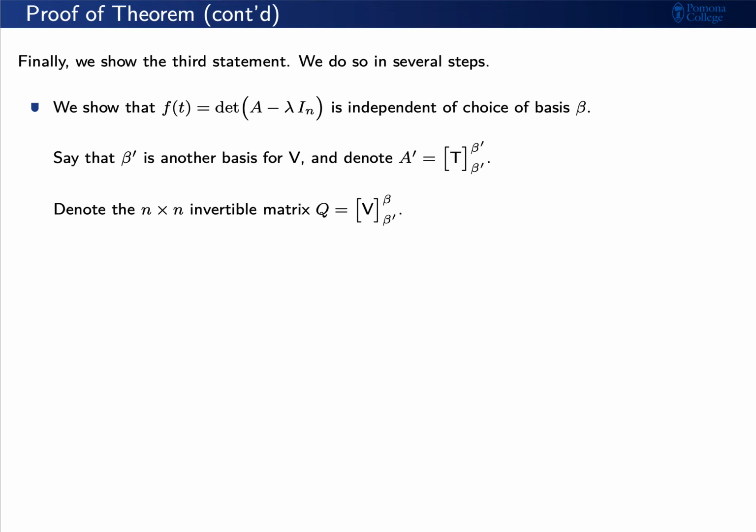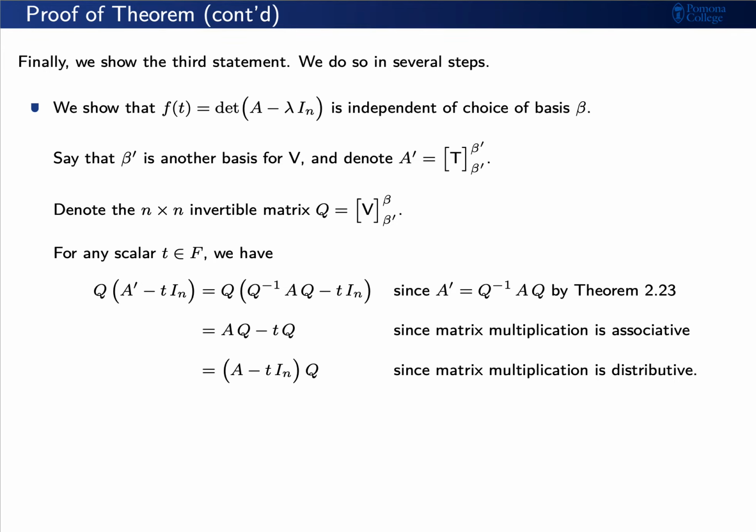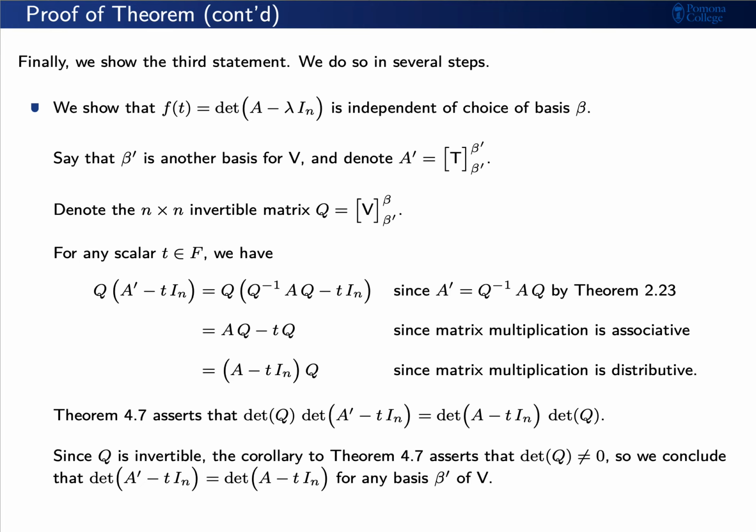Well, if beta prime is another basis, we can consider the change of coordinate matrix Q. What we'll find is that Q times our new matrix A prime, which is the matrix representation with respect to the new basis beta prime, Q times (A prime minus tI_n) must equal (A minus tI_n) times Q. So upon taking the determinant of both sides, we see that the determinant of A prime minus tI_n is the determinant of A minus tI_n for any basis beta prime. So indeed, f of t must be independent of the choice of basis beta.